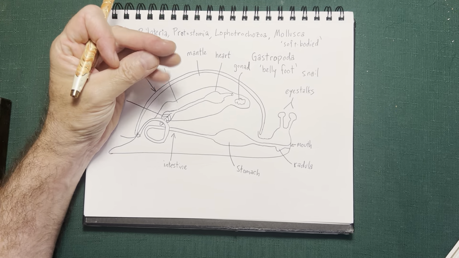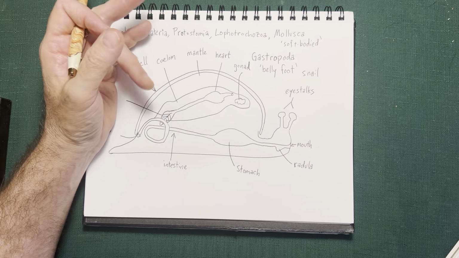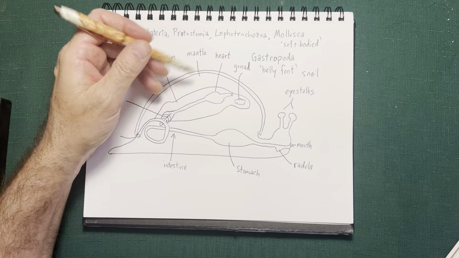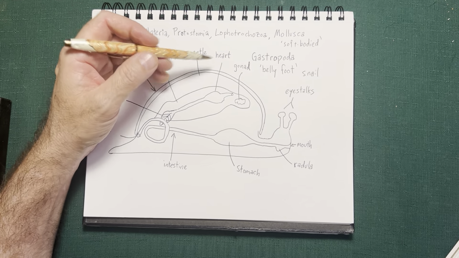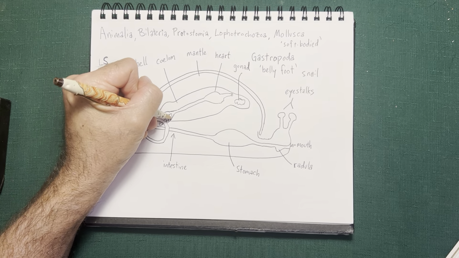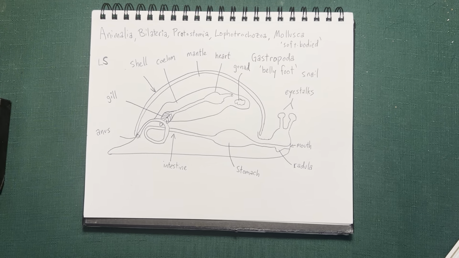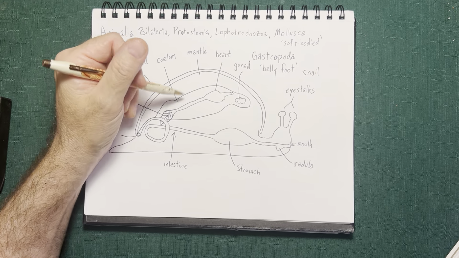And that heart is pumping. They don't really have blood like you and I have blood, but they do have kind of like a fluid that needs to be circulated. But it just kind of gets pumped out into the coelom so that it can wash back down to the gill and be reoxygenated and then pumped through.